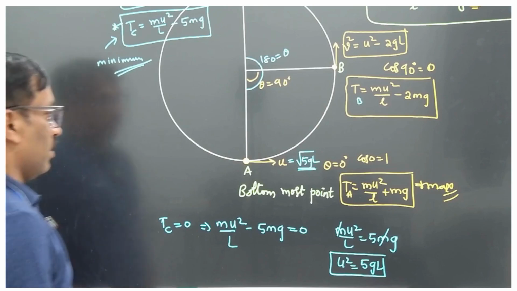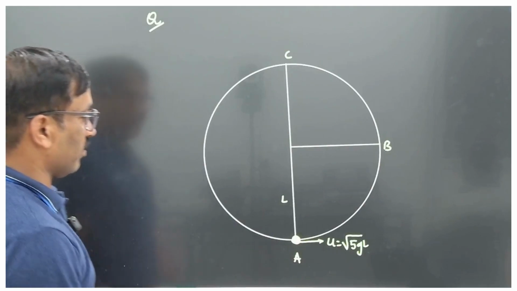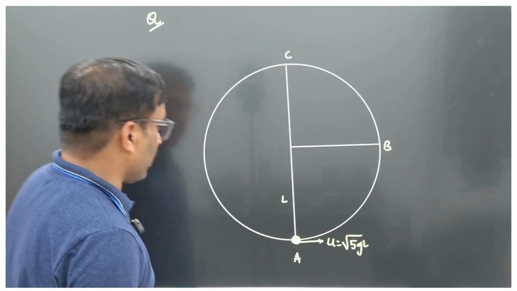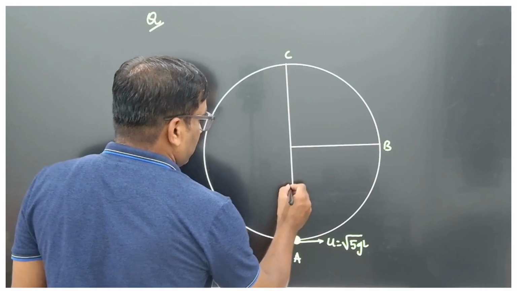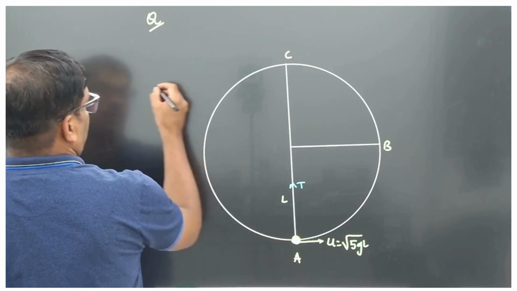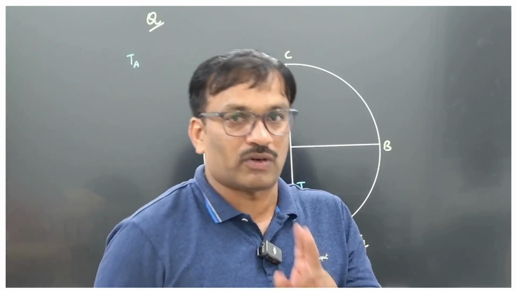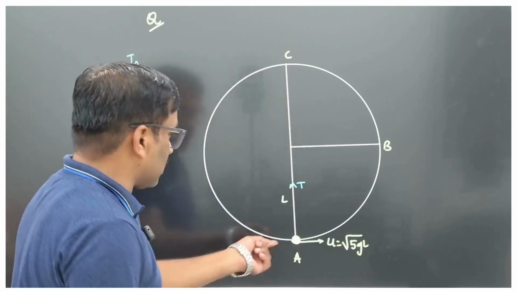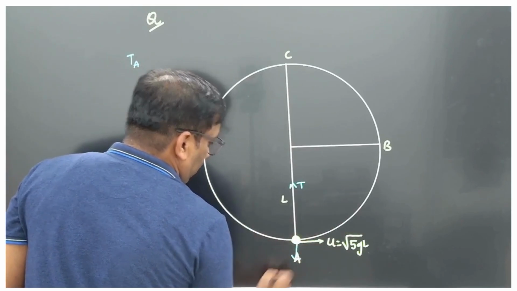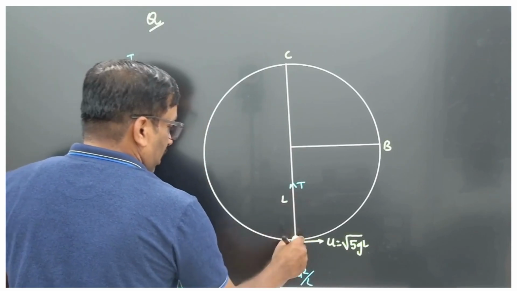Clear? Now we will do one question related to this. If you are given u is equal to square root of 5gl at the bottommost point, we want to calculate the tension at this point. So what is the tension here now? Tension at A, what is the formula? No need to remember any formula, simple rule: if any velocity is provided at this point, it is having a circular path, so it will experience a centrifugal force mu square by L, also mg is acting downward.